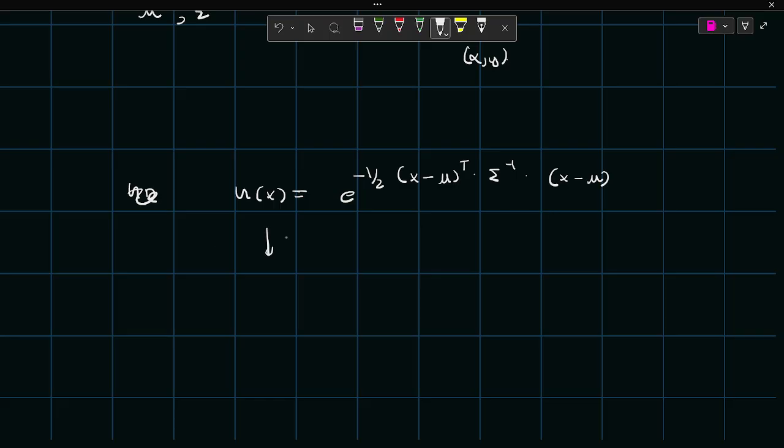Now, I need to project this to 2D. So the 2D Gaussian of x should be e to the power minus 1 by 2 (x minus mu dash) transpose sigma dash inverse (x minus mu dash), in 2D.